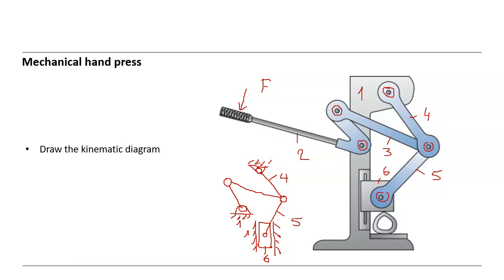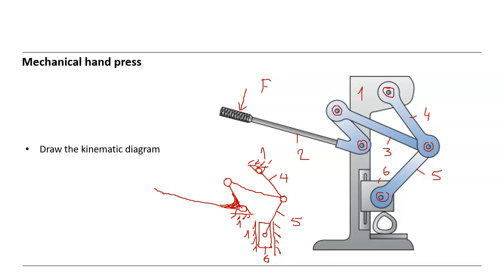The fixed part is 1. Always we give the number 1. And then, of course, it has such a shape here. This is one part, one solid.